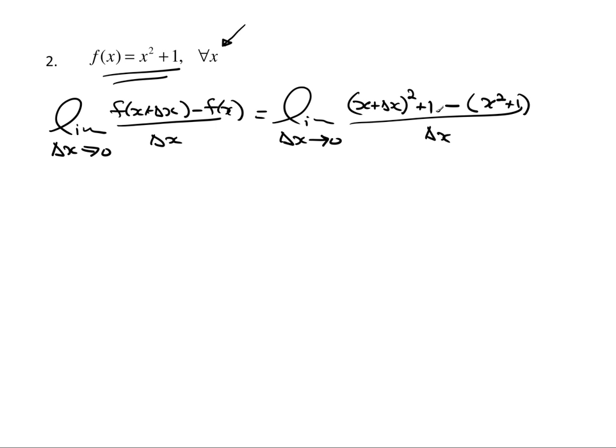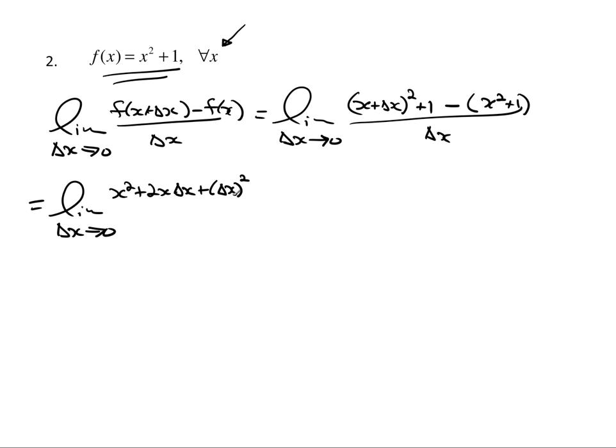So let's expand this and collect like terms. This would be equal to the limit as delta x goes to 0 of, if I expand this, I will get x squared plus 2x delta x plus delta x squared. I want to put these parens so you make sure you understand that delta x is a single unit.